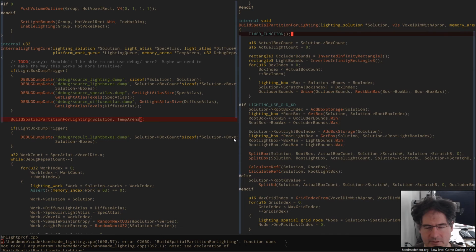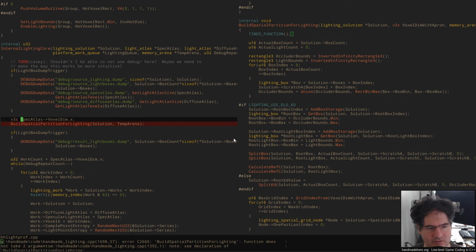Now, the voxel dim with apron, I guess the thing that I'm a little confused about is the voxel dimension is just something that is kind of there. I guess the reason we don't really know what that is is because the atlases themselves have those voxel dims baked in. And when we move those around, we haven't really thought about what goes on there.